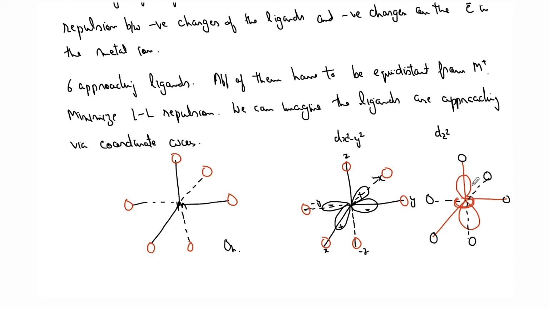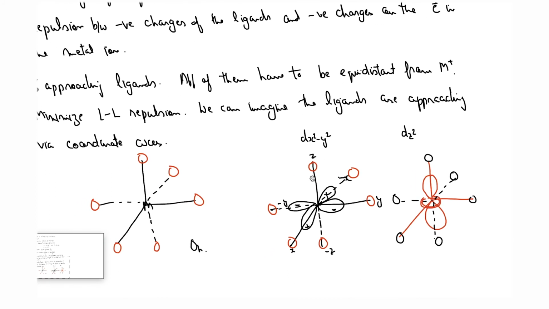So the idea is that there is direct interaction between the orbitals and the ligands, because both of them are oriented along the coordinate system. Of course this is an imaginary thing, you can take any other combination without having to imagine that this is actually oriented along the coordinate system, but you will still find the same answer.